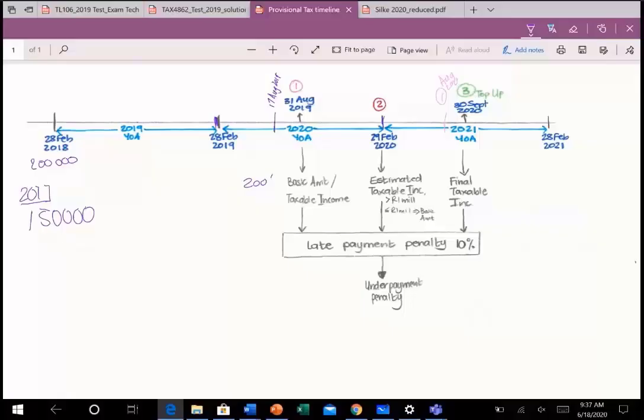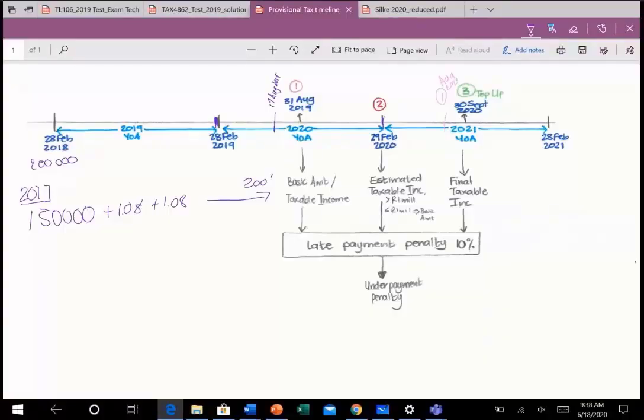So if we're using 2017, we're going to have to add 1.08 and then another 1.08 in order to use it as a basic amount. So that's the basic principle of how you get to the basic amount and which assessment you use.